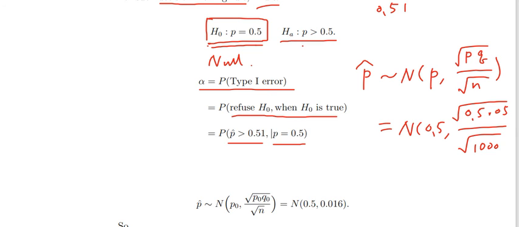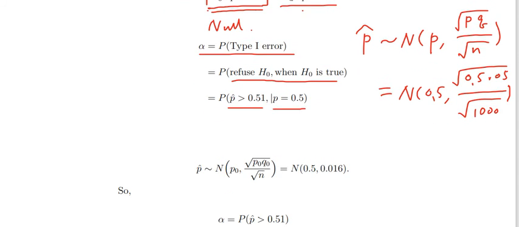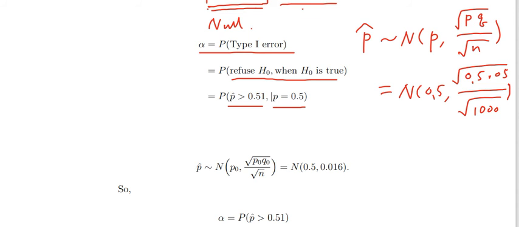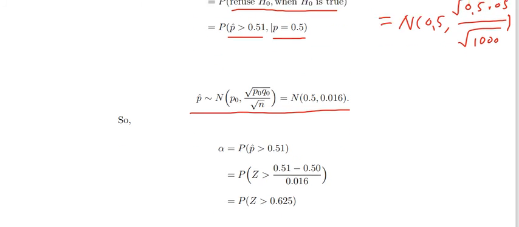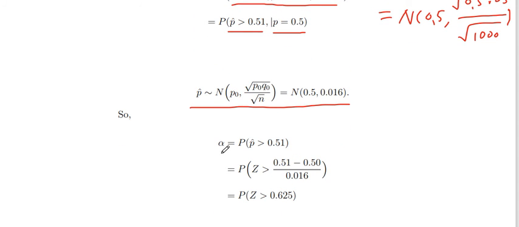So we find P hat follows this normal. After a little bit of calculation, we find the mean is 0.5, and the standard deviation is this. Then for alpha, P hat is larger than 0.51.